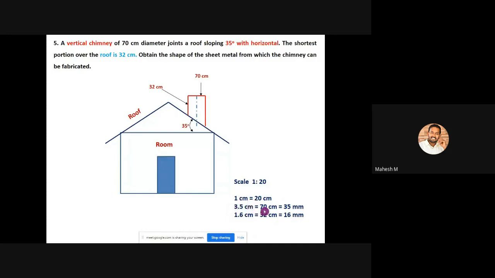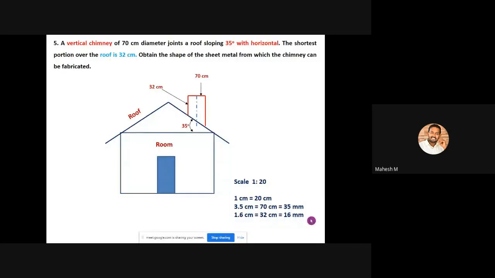That is equal to 35 millimeter. So 1:20 is the ratio. 20 centimeter, 1 centimeter நீ யூஸ் பண்ணிக்கலாம். Similar to that, 70 centimeter is equal to 3.5 centimeter, which is 35 mm. Similarly, you can convert this 32 centimeter into 1.6 centimeter, which is 16 mm.